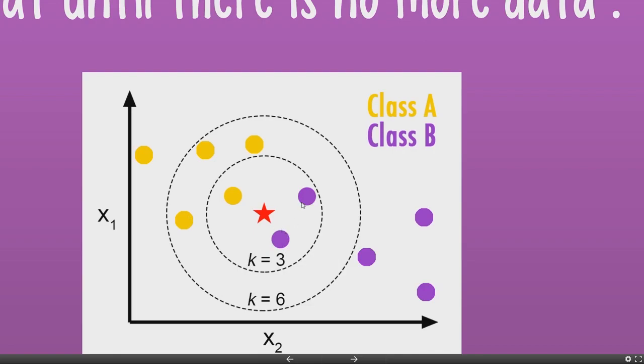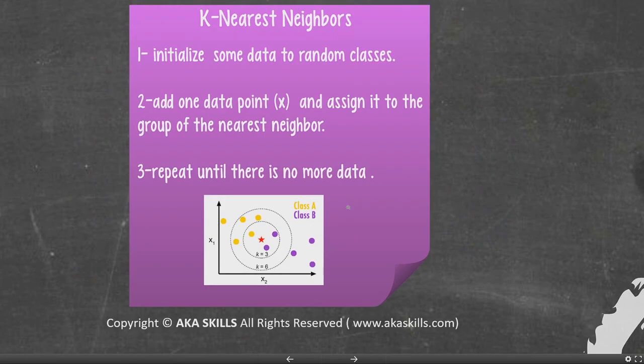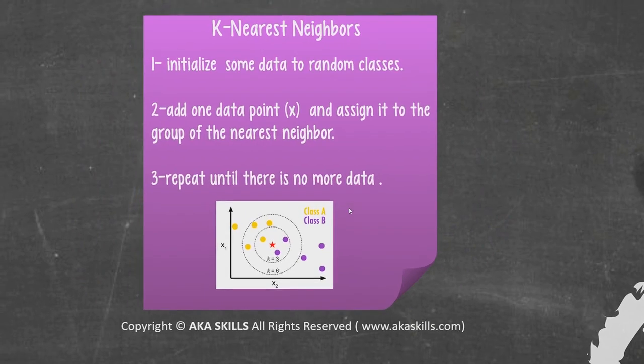We calculate there are 2 data points from class B and 4 data points from class A. That means we assign this star to class A because there are more data points close to it from class A. So it really depends on the k. Choosing the k really carefully is really important in the k nearest neighbors algorithm.